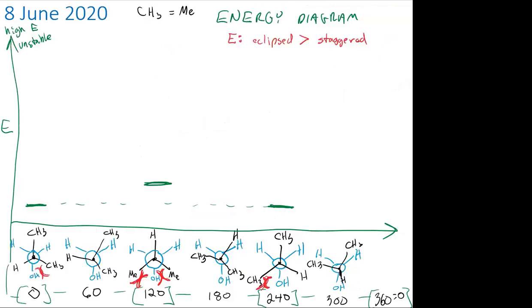And if we go back to our energy diagram where we've got all the structures, we're just going to look for the places where the CH3 is eclipsing the OH. And so we have that happening here. We have the other methyl group eclipsing the OH at 180, and then at 300, there are only these less, in the orange and green, or sorry, orange and red look about the same, so I'm going to use yellow.